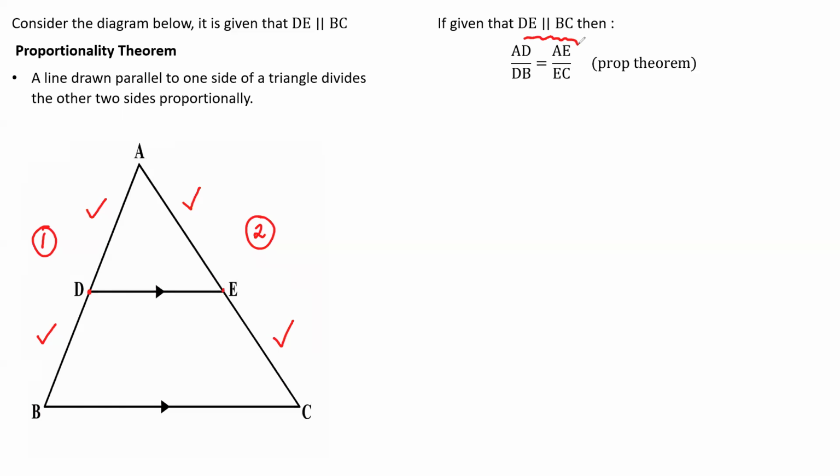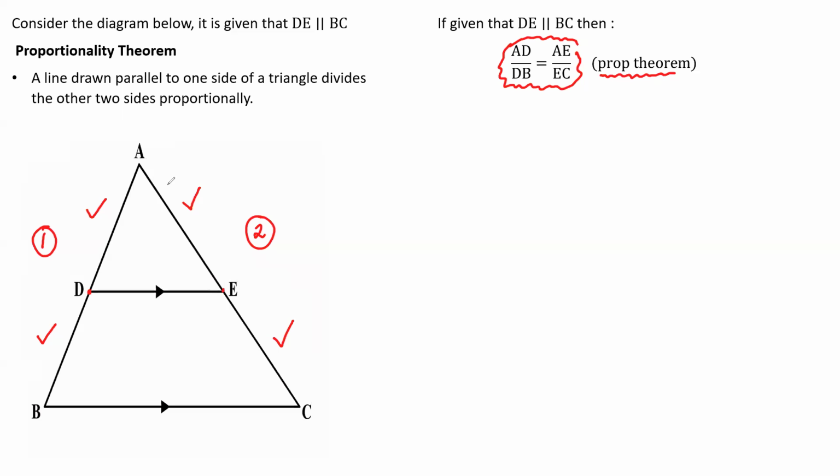The proportionality theorem. Now, in essence, the proportionality theorem, which is abbreviated as prop theorem when giving your reasons, can be used to ensure that any side of a triangle is proportional to the other.